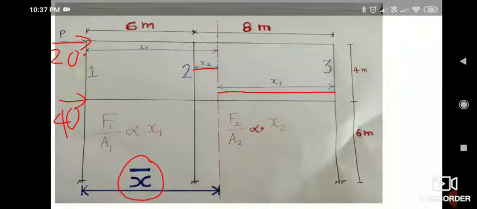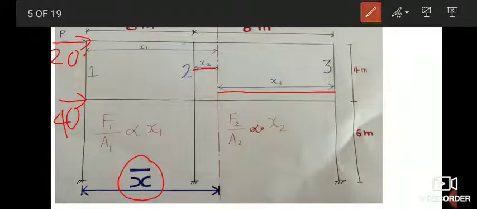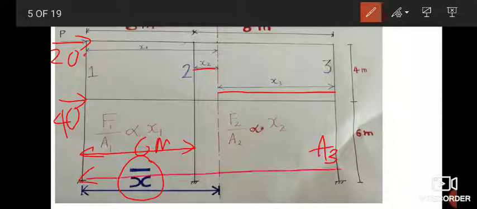So 6 meter is the distance of the second column, and for the third column the area is A3, and the distance will be 6 plus 8, 14 meters.